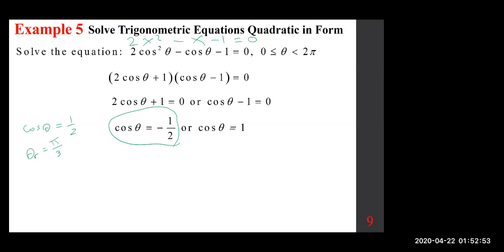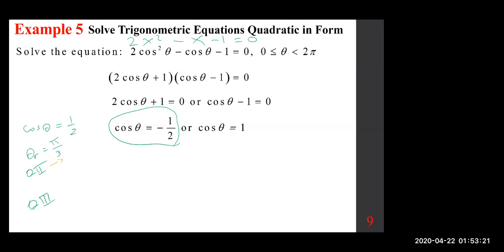Remember, this is a reference arc. Cosine is negative in which quadrants, class? Second. Quadrant 2 and third. Third. Therefore, in quadrant 2, 2 pi over 3.